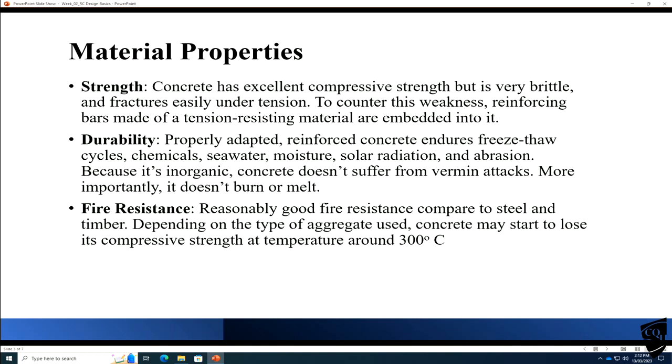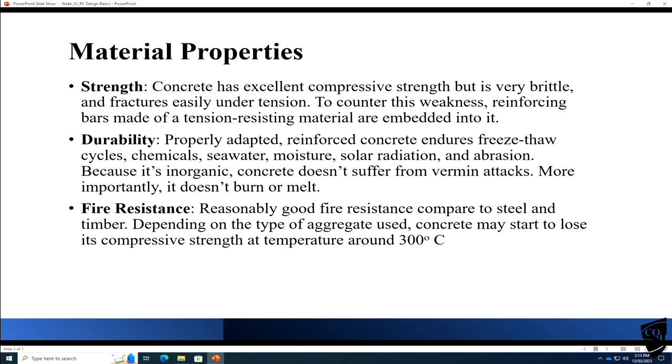So the properties in terms of strength, concrete has good compressive strength, but is quite brittle. What do you mean by brittle? The failure will occur suddenly, like clay or ceramic, okay. So it is very brittle, there is not much plastic behavior after yielding.